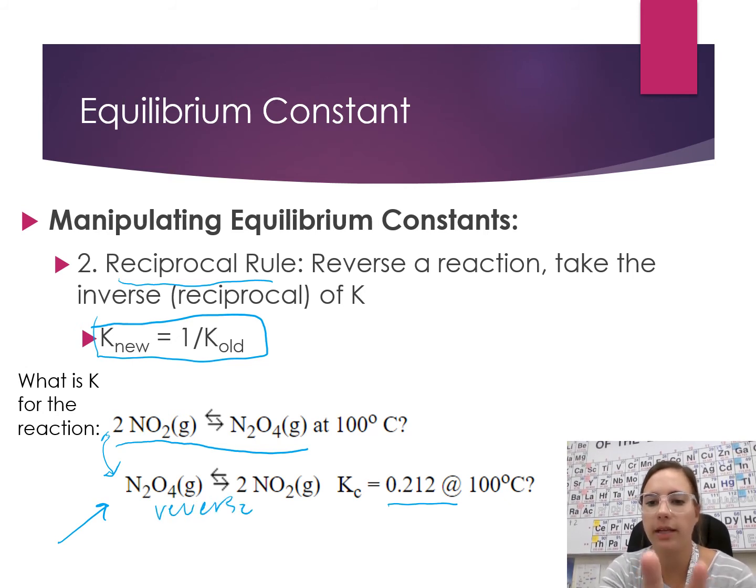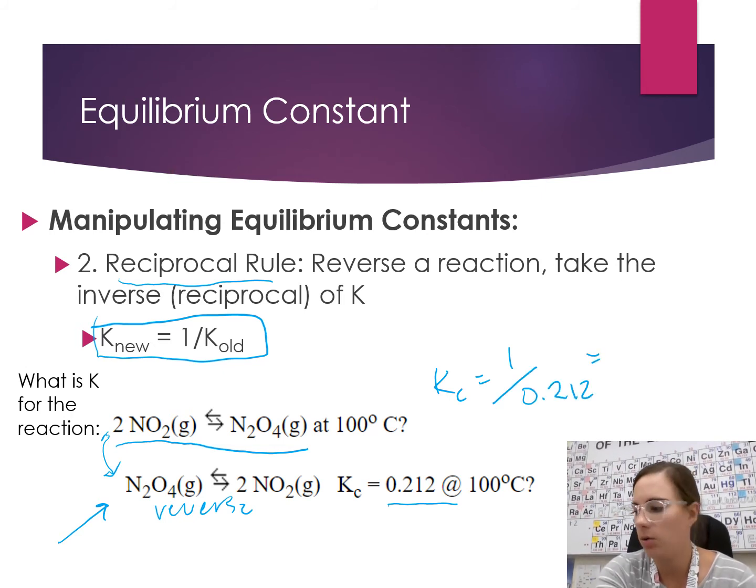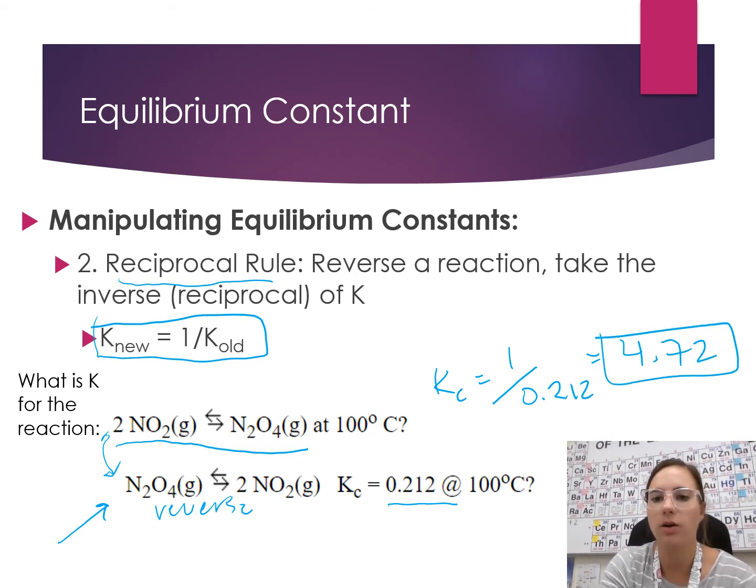If I flip it, now I have the reaction I'm looking for. So then my new K value is just 1 over the old K value, which equals 4.72. And I'll remind you that K is unitless, so that's why I don't have any units here.